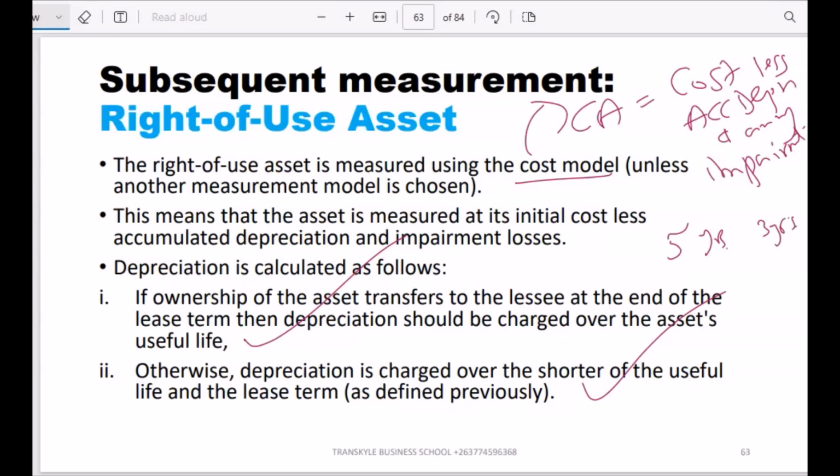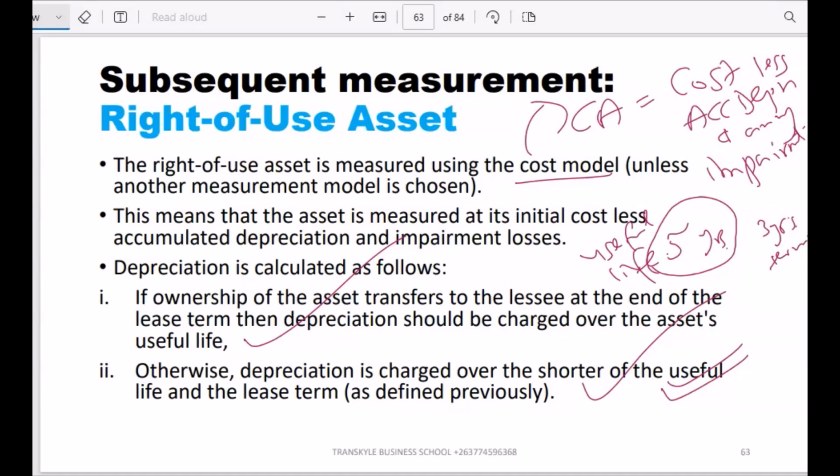All right, you are going to be tempted to use this last scenario there, where the depreciation in this case should be based on 3 years. However, if the asset is going to be transferred to the lessee at the end of the lease, then depreciation should be based on the 5 years, which is the useful life of the asset, and not the term of the lease.